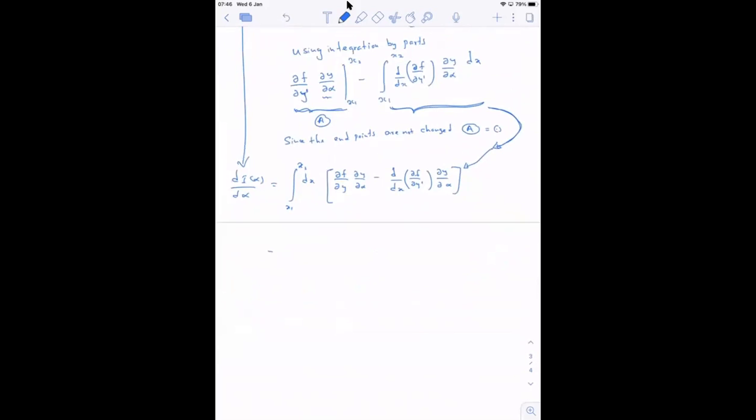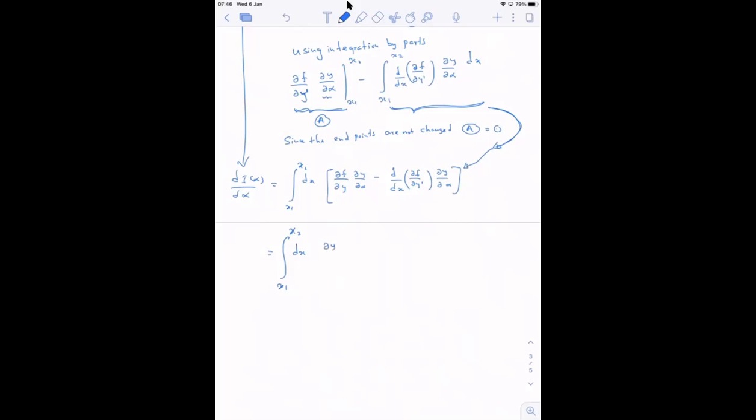Now what I can do is, from x1 to x2, dx, you can see that ∂y/∂α is common for both expressions, right?